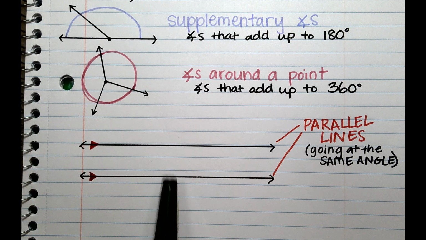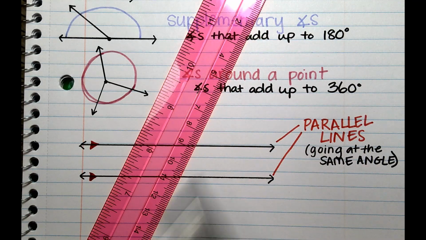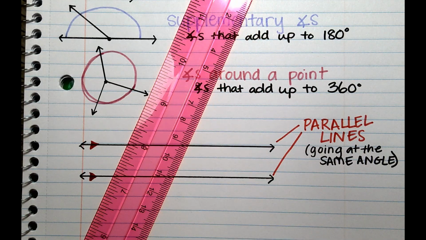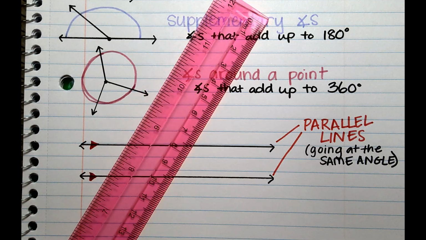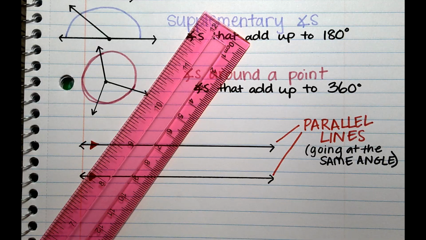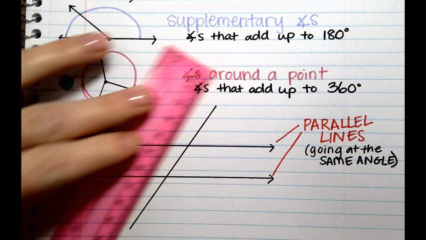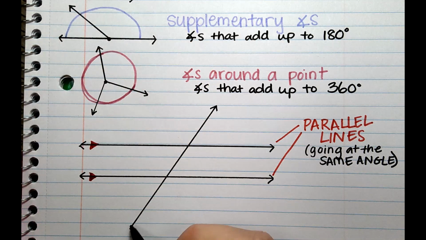So if I know that these lines are going at the same angle, what if I drew a third line crossing through both of those lines? Let's do that. I'm going to draw a third line that just passes through both of those lines.